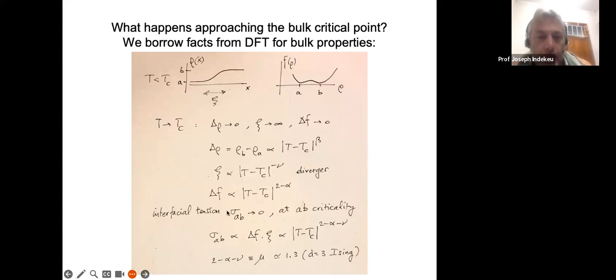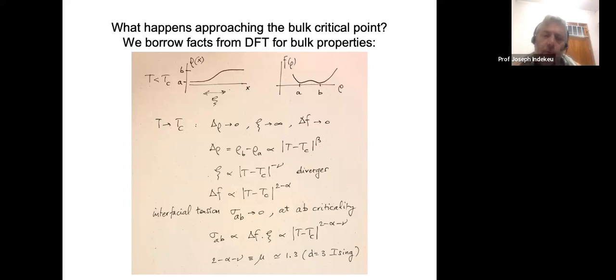Now, the interfacial tension, interestingly, vanishes at criticality, and this may not seem all too surprising because at criticality these two phases become identical, and so the interface between them somehow is going to disappear. And so would its excess free energy per unit area, which is the interfacial tension.